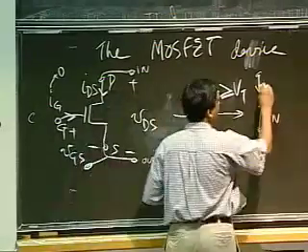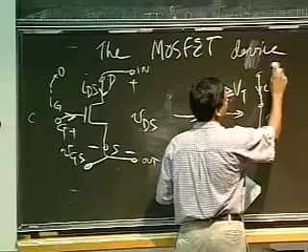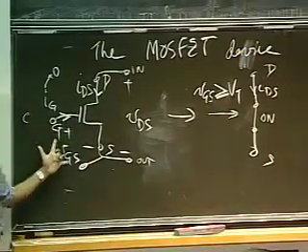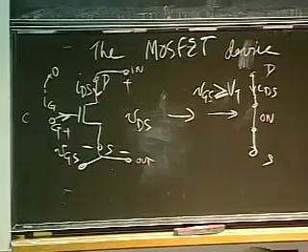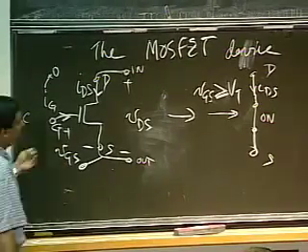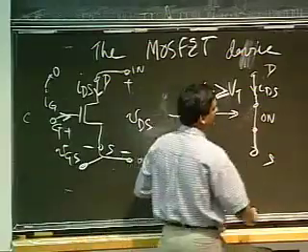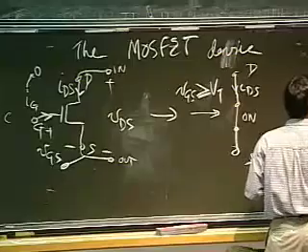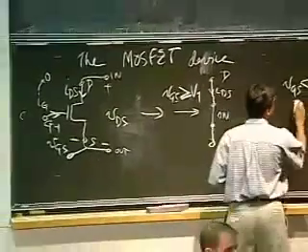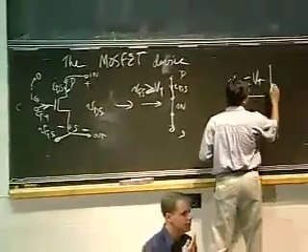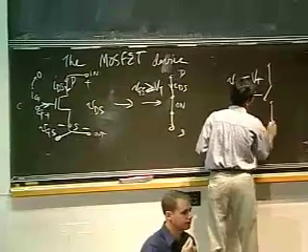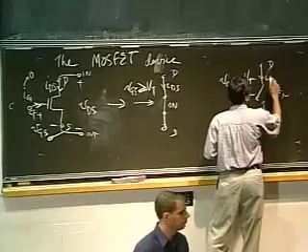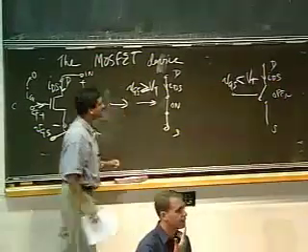Okay, this is IDS, this is my drain, and this is my source. So if the voltage applied between the gate and the source is higher than some threshold, then this behaves like a short circuit. Similarly, if the voltage VGS is less than some threshold VT, then in that situation, I get an open circuit.